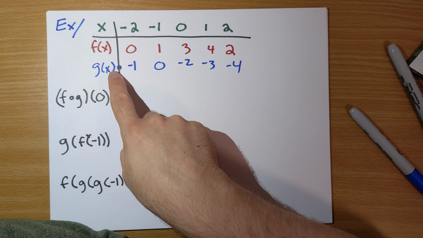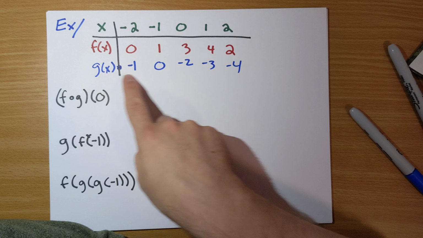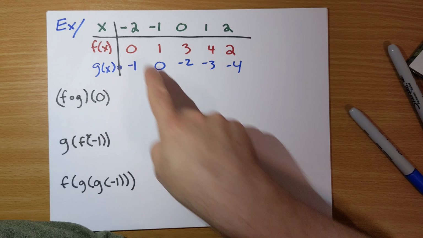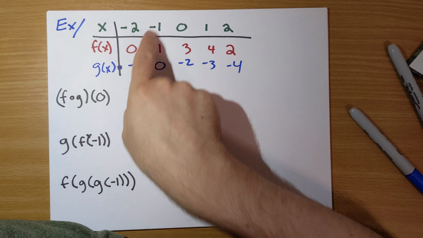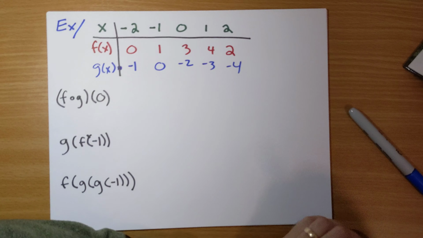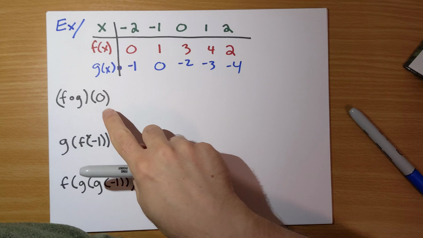And I'm giving you that same information about g of x down here, evaluating those function values at these arguments. So for example, we can tell here f of 0 is 3, g of 1 is -3. That's how we read this table. So let's just take a look at the examples that require exercises down here.